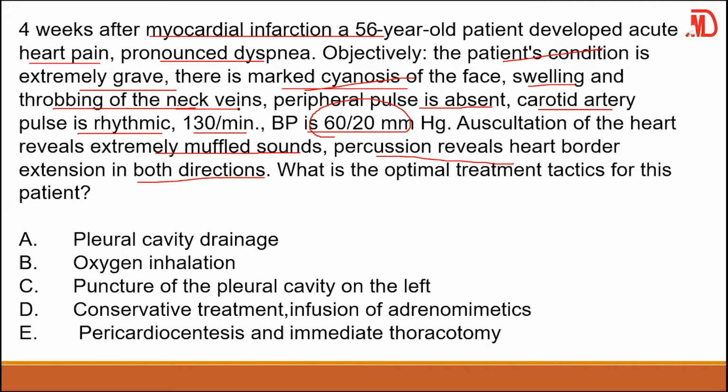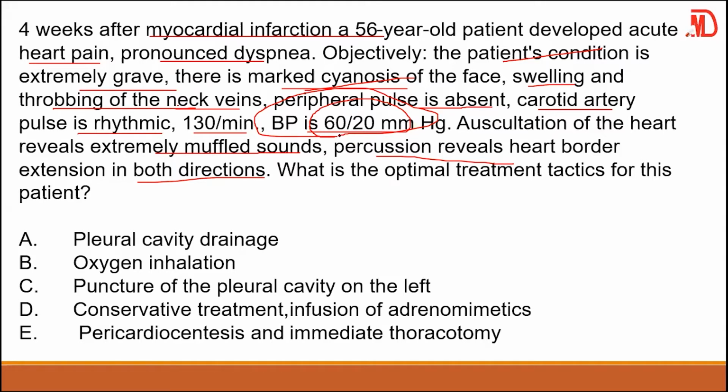So that tells you that the heart could be failing due to one or two things found over there. And they are saying that the peripheral pulse is absent and BP is low. This person is entering into a shock.